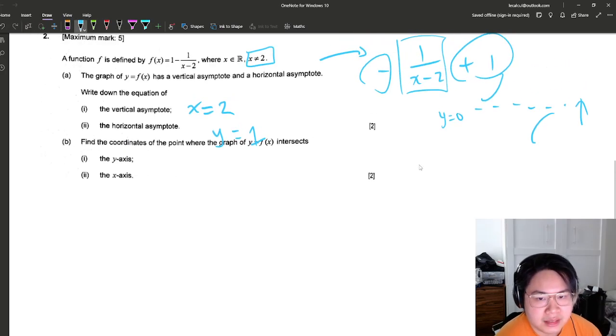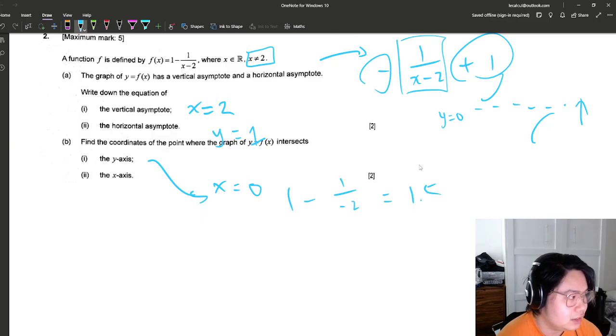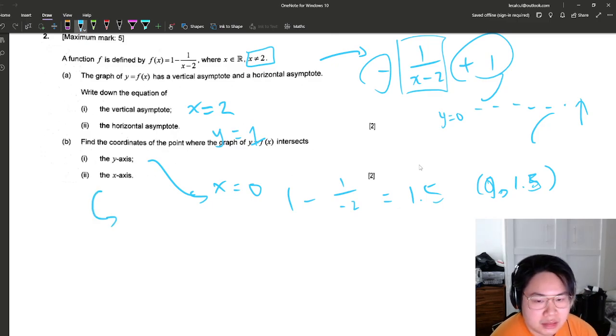Okay, nice. Find the x and y intercepts. If I plug in 0, I'll have 1 minus 1 over negative 2, which is plus 1 over 2, so 1.5. I don't know if they want it as a coordinate, so I'll just write it as a coordinate. And then solve for when the actual function is 0.